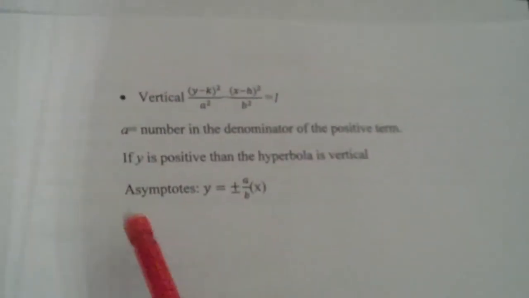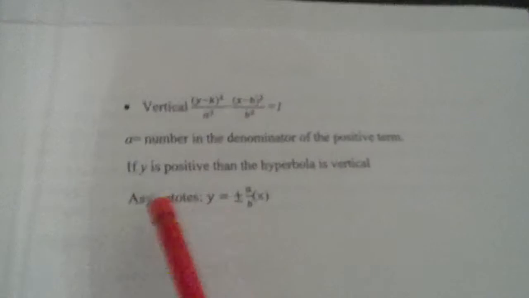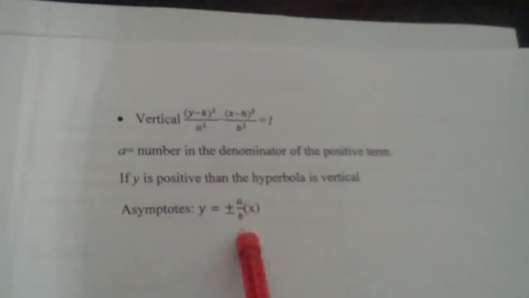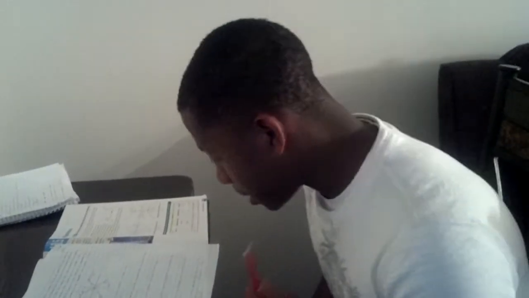You find the asymptote by y equals plus or minus a over b x. And you find the foci the same way as the horizontal one, and that would be h, k plus or minus c, and the vertices will be h, k plus or minus a.